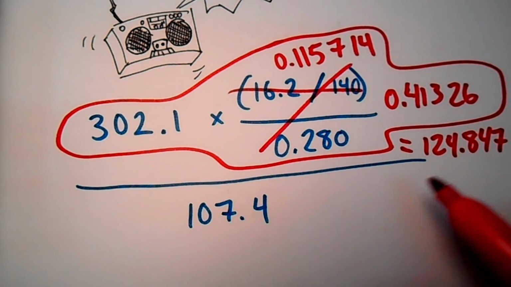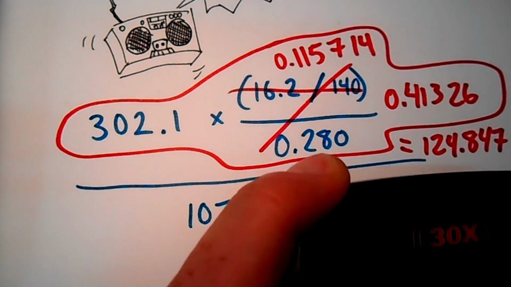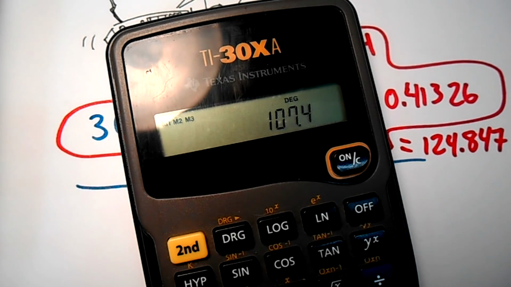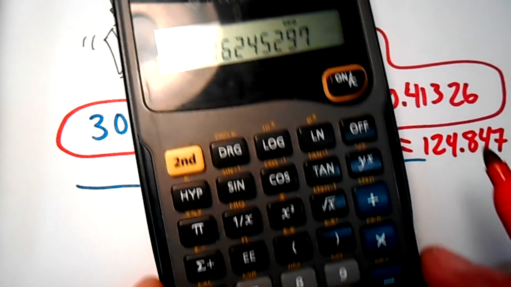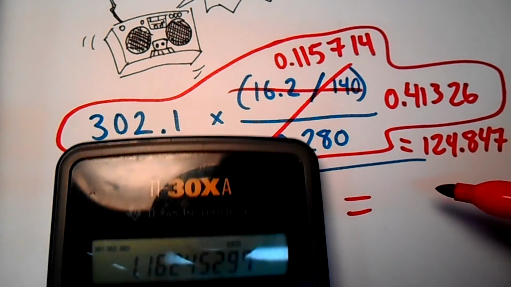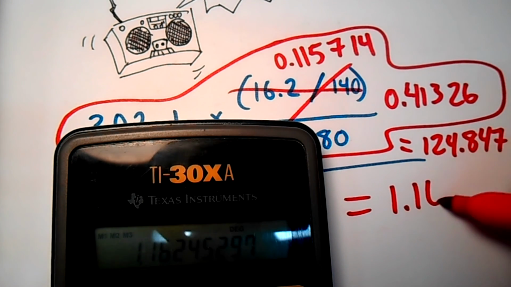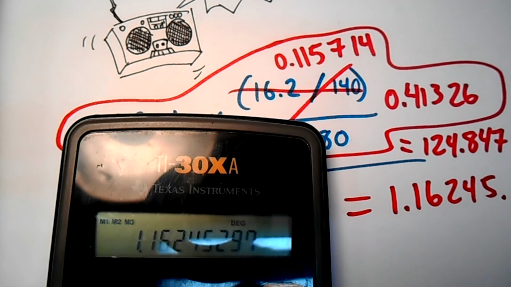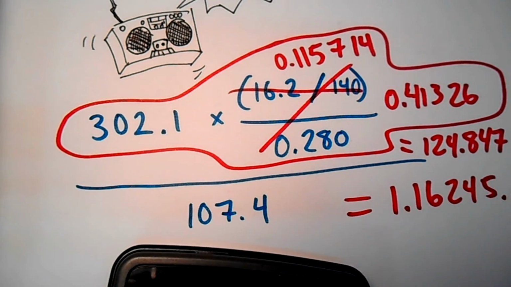So now my last step, divide that by 107.4, and here's my actual raw answer. My final raw answer from all of this overall: 1.16245 and some more stuff, but that's enough to definitely see what I have to round it to.